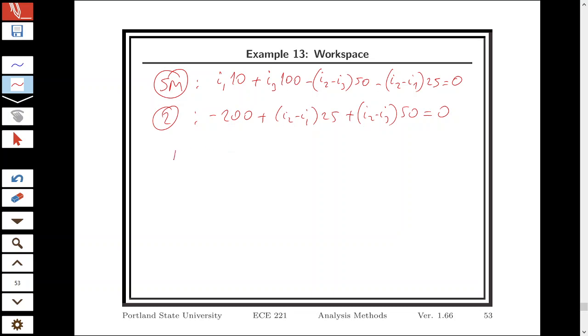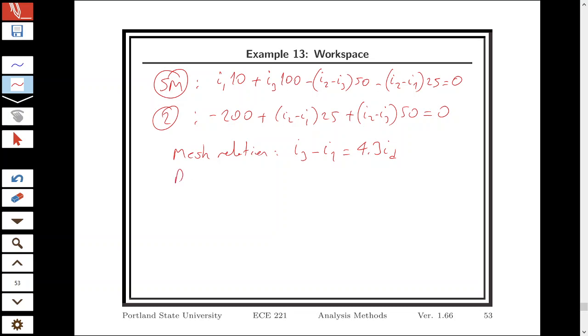Then we need to also use the mesh relation, which is determined by the dependent current source. I3 minus I1 equals 4.3 ID.